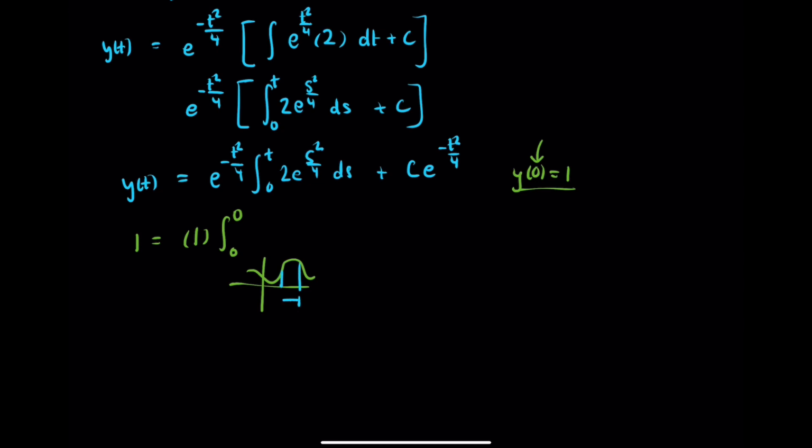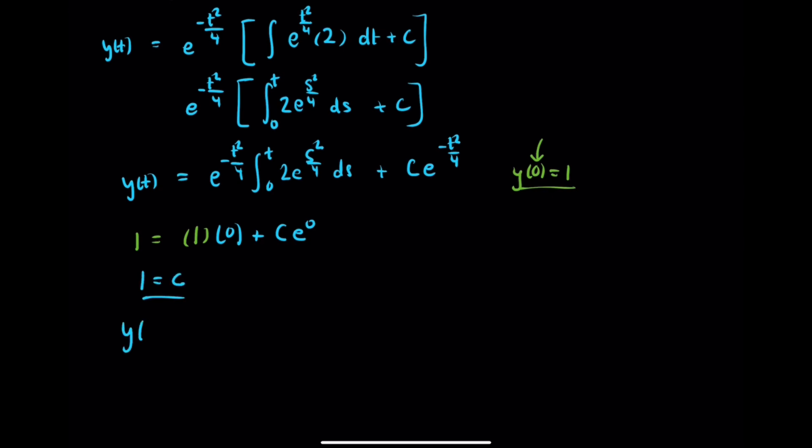But if our lower bound is 0 and our upper bound is 0, then the area underneath that curve must also be 0, because the width is 0. So that's 0. And then c e to the 0 again, so then c just equals 1.